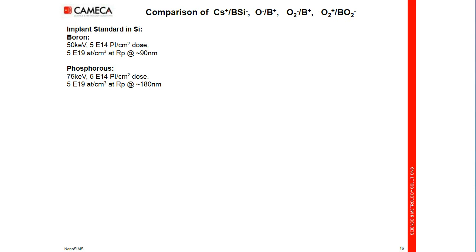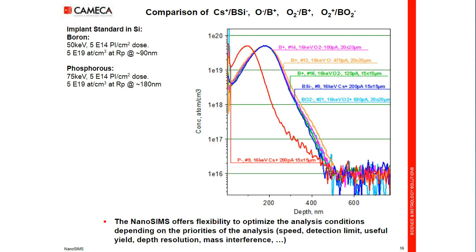And we analyze this with different conditions: cesium plus primaries, or O minus primaries detecting positive boron, or O2 minus primary detecting positive boron, or O2 plus primaries detecting BO2 minus. So it is a choice of condition that allows you to optimize the parameter you want to push.